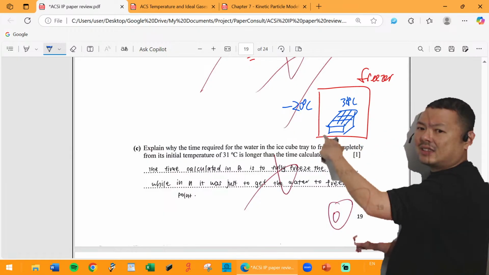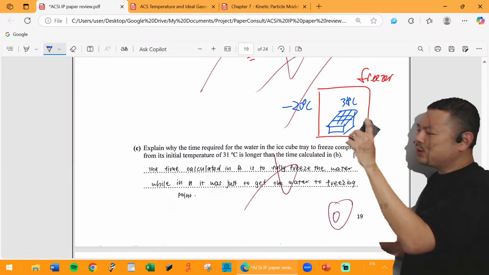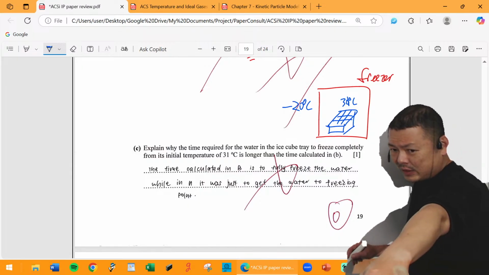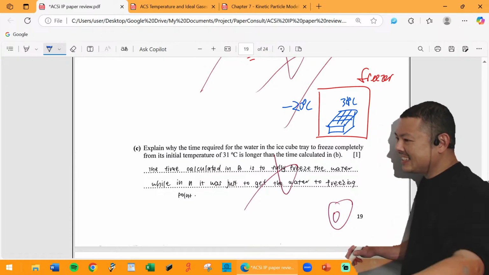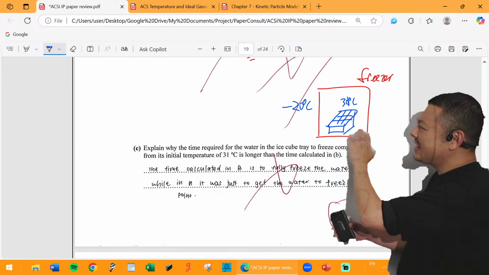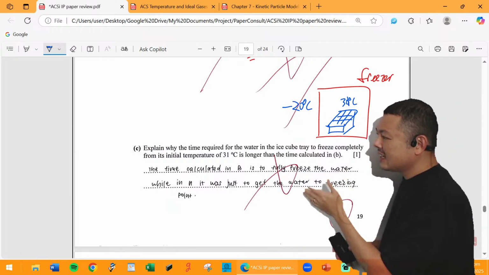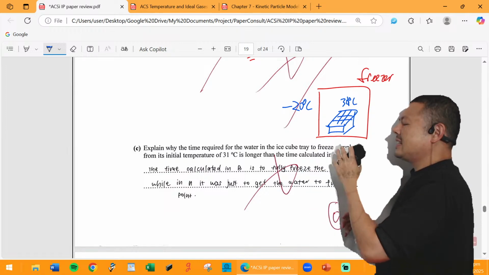The surroundings is minus 20 degrees Celsius. No lah, I think he just saw your thing and didn't realize. You better change the word to heat loss to the surroundings. Not heat gain. There's no heat gain here. Yeah, so this is just wrong.